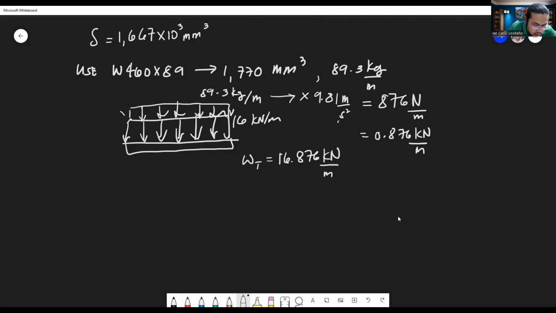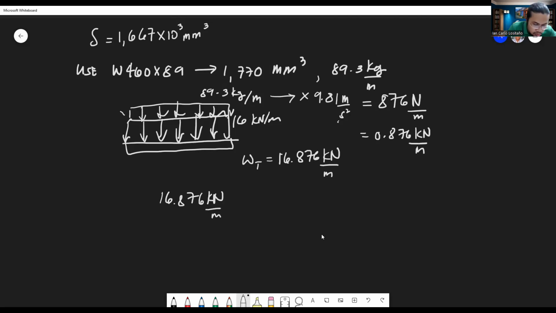We have the weight as given, and what about the M? We want to get the shear.